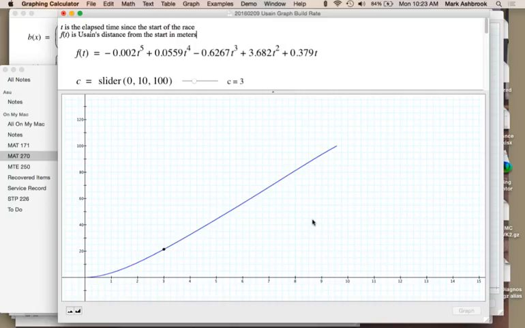All right, so here I'm showing, let's go ahead and show it for something you don't have. Okay, so this is the function. T is the elapsed time since Usain started his race. This is for not this past Olympics, but the one in Beijing, 08.